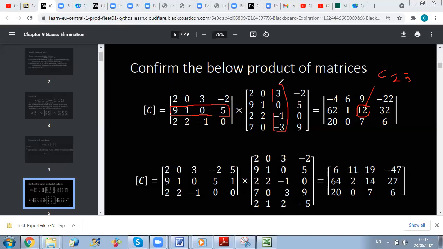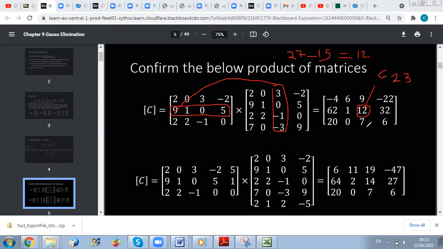We can verify this: we have 9 times 3, so it's 27, plus 0, plus 0, and plus 5 times minus 3, minus 15, which will give us 12. So for any element, we can verify how to find it.